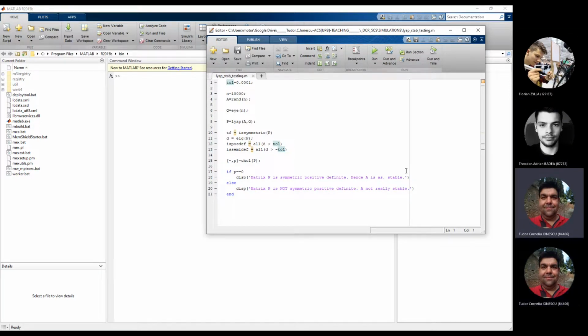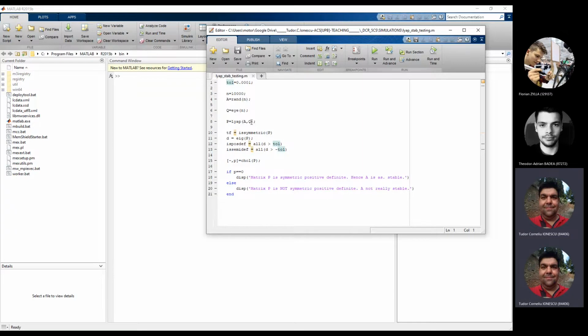Very nice. So you set a tolerance, and I'm here generating a random matrix of order n by n. And I'm taking the Q matrix to be the identity matrix. Then I'm solving the Lyapunov equation.